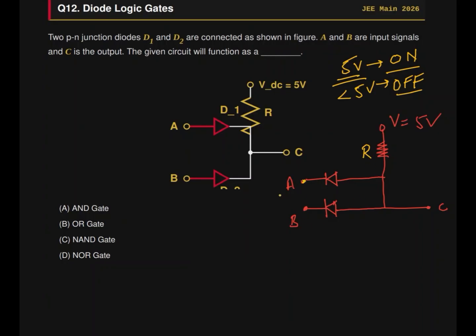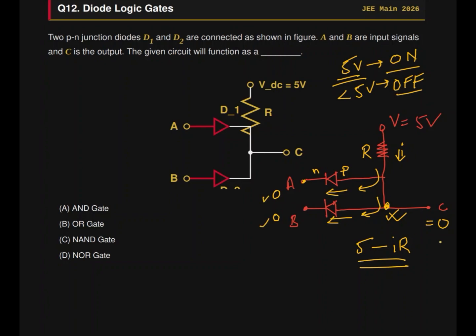Let's say we put 0 here and 0 here. If it is 0 on the N side, this is forward biased, right? Same with this. So, current will flow in this direction and this direction, right? So, what will be the potential here? It will be 5 volts minus, let's say current is I here, right? 5 minus I. That is less than 5, right? So the potential here will be less than 5. So the output will be 0. Okay.